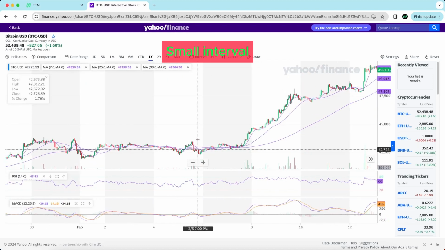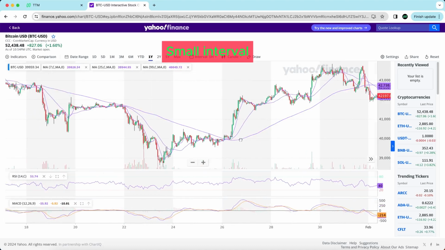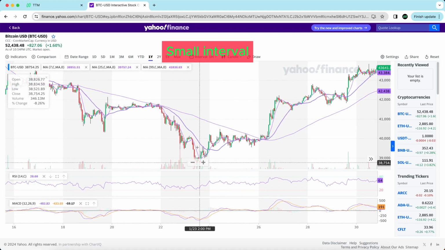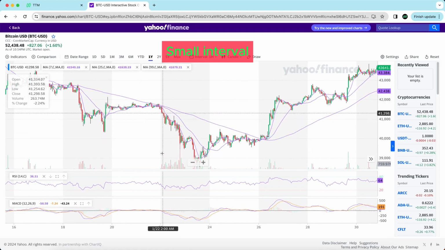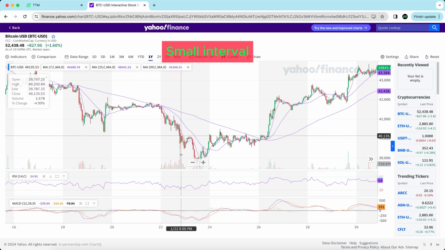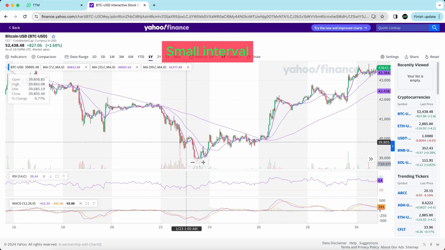So let's go to January 22nd. So it's not this point, it's mostly like this point. At this point, you decide to enter the market.